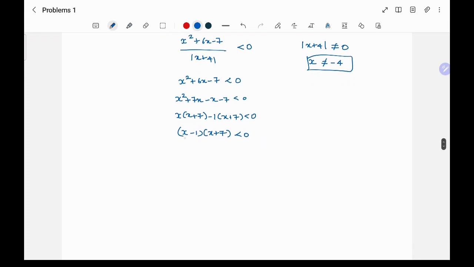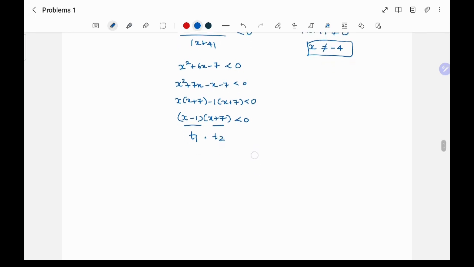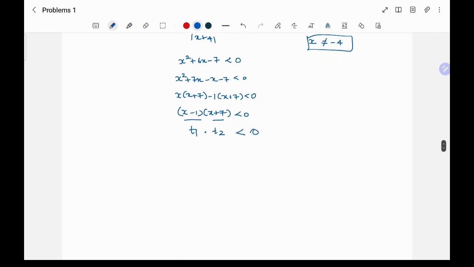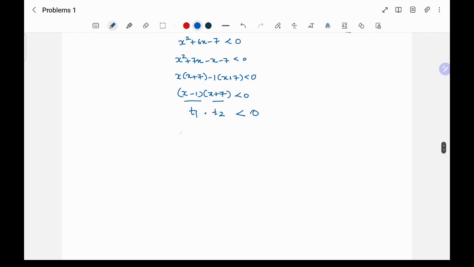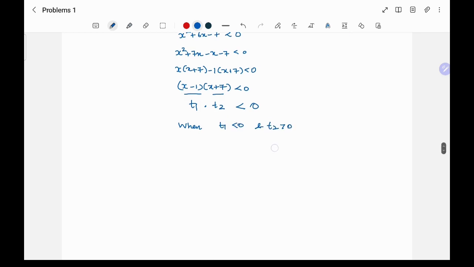So on the left hand side we have two terms. Let's say t1, t2, product of them, and it's saying less than 0. So product of two numbers should be negative. When is it possible? When t1 less than 0 and t2 greater than 0, right?